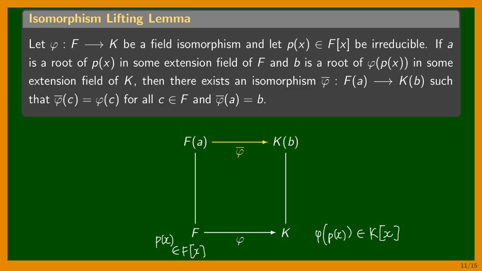Then, sabi natin, meron daw nag-exist na isomorphism from, tawagin nating phi bar. Parang in-extend ni phi bar si phi in a way na ito yung nagiging isomorphism din siya from this extension towards this extension. Ito yung smallest field to contain F and the root A of P of X. Ito yung smallest extension ng K to contain K and the root B of phi of P of X.